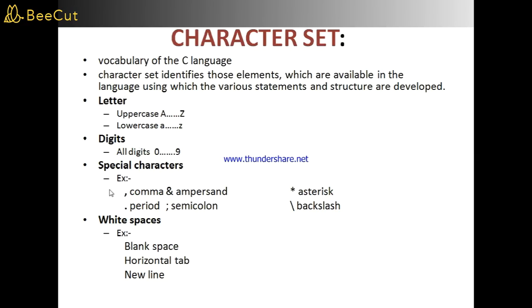Some of these special characters are mentioned here: comma, ampersand, period symbol, semicolon, backslash, asterisk, the star. These all have special meanings while writing a program. Once we get into the actual program, we'll understand what the uses of these special characters are.